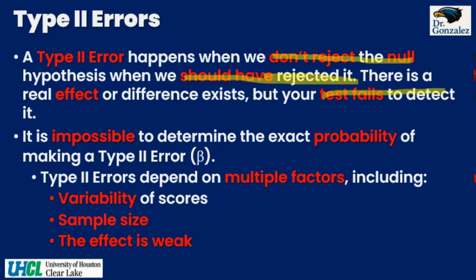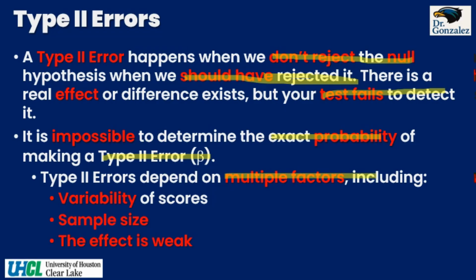Mathematically speaking, it's impossible to determine the exact probability of making a type 2 error. Remember, for a type 1 error, it's whatever I set my alpha level at. If it's 0.05, that's 5%. If it's 0.001, there you go. Here we don't know what it is, because type 2 errors depend on multiple factors.